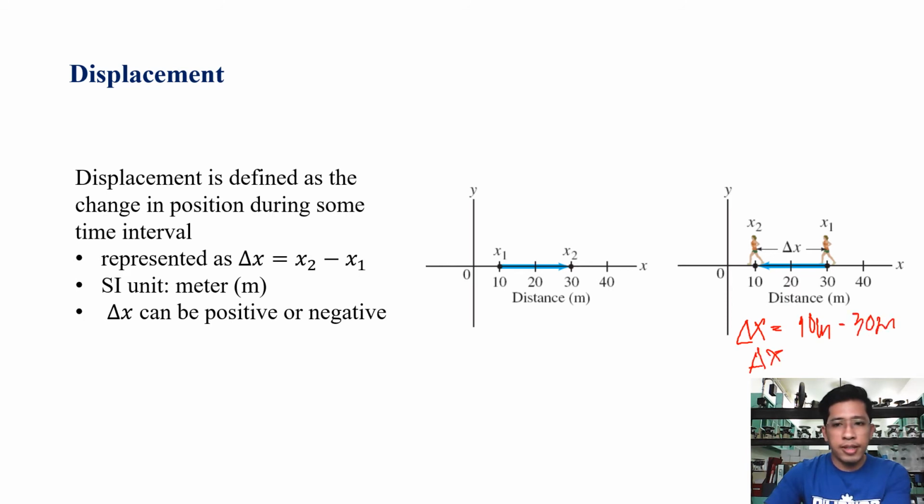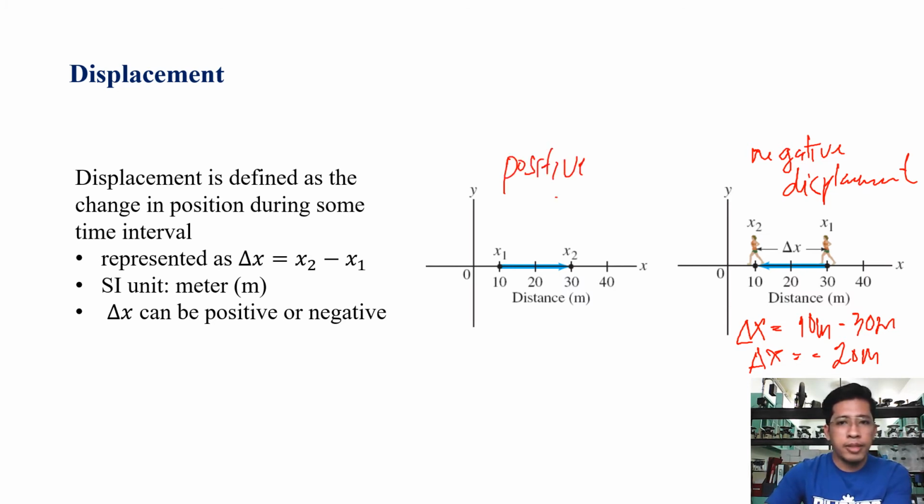Your delta x is equal to negative 20 meters, meaning here you have a negative displacement. So again, your delta x can either be positive or negative.